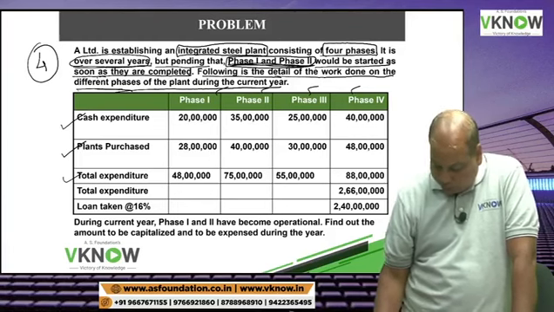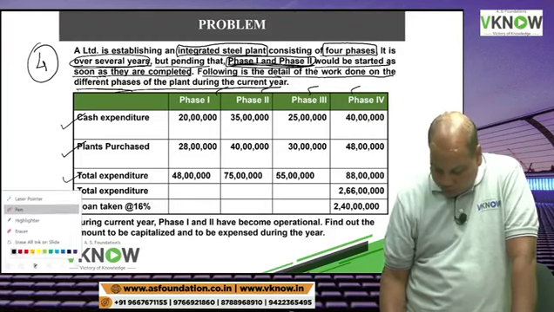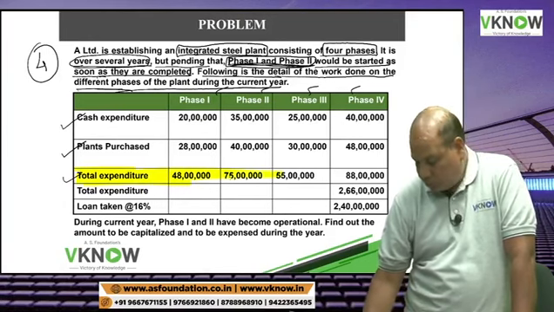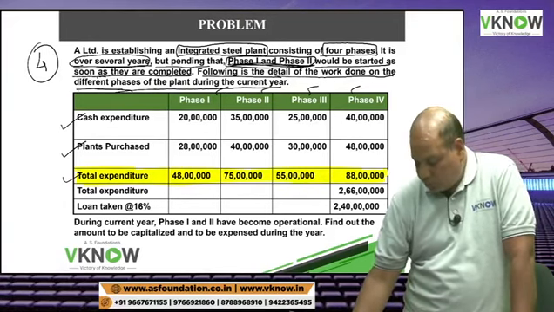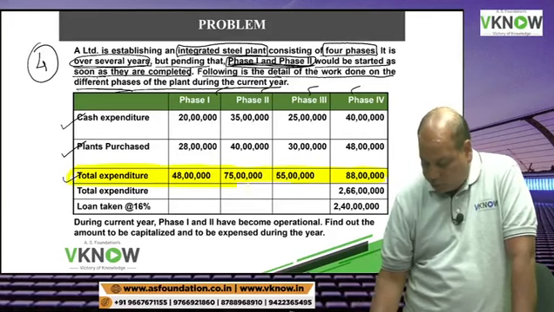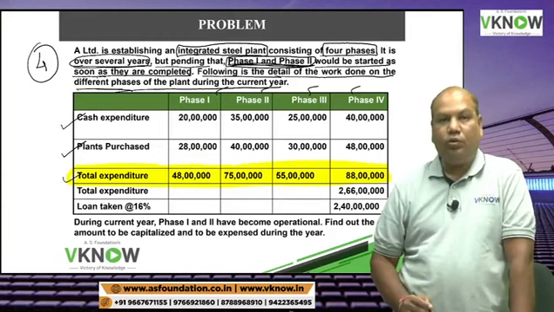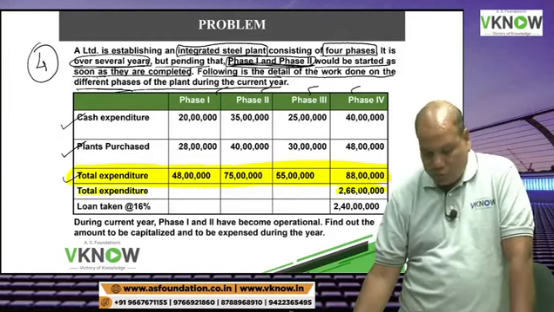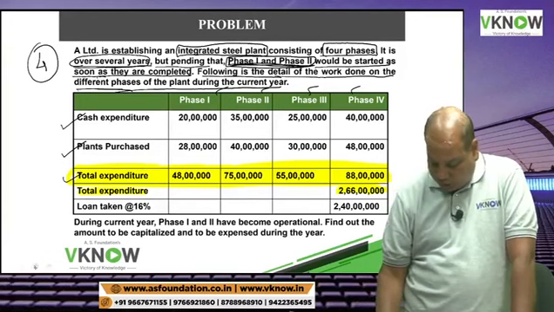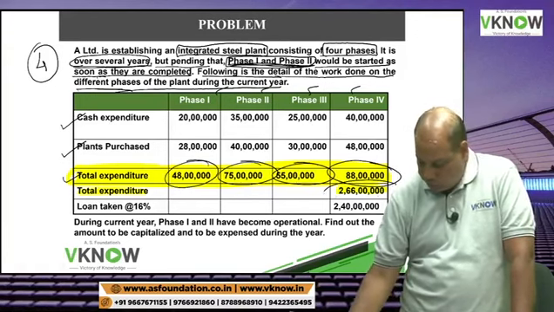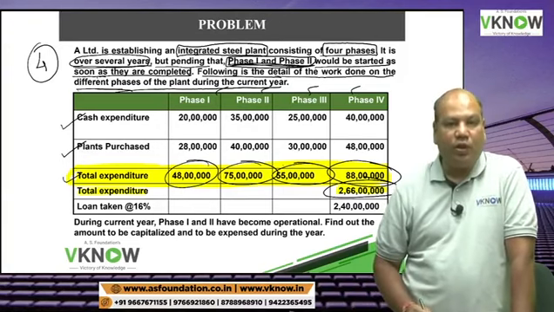What is relevant for us is the total expenditure incurred on phase 1, 2, 3 and 4, and they have taken the total also. If you add these numbers, you will get 2 crore 66 lakh.